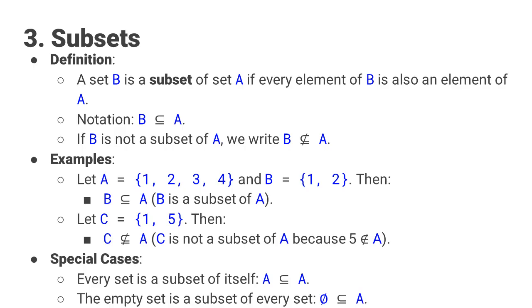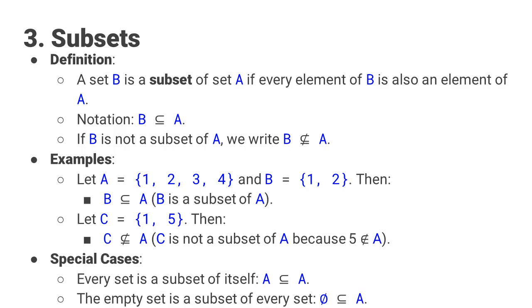So is 1 an element of A? Yes. Is 2 also an element of A? Yes. So we conclude that B is a subset of A. Of course, A contains other elements, but we just focus on the elements of B.